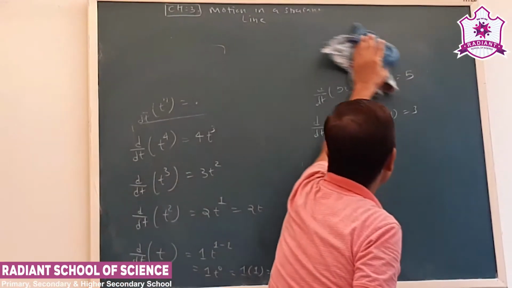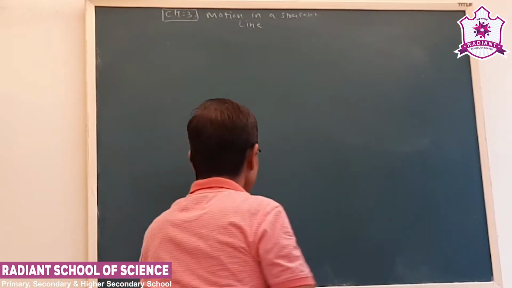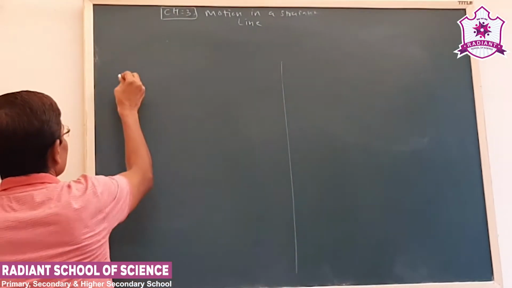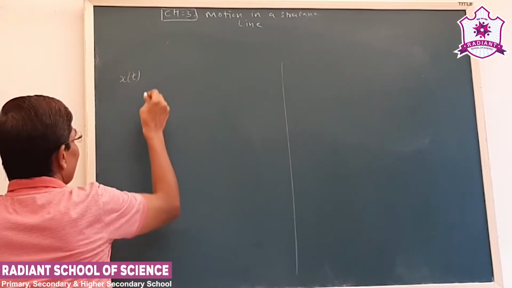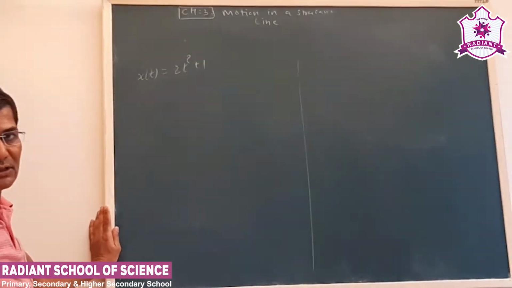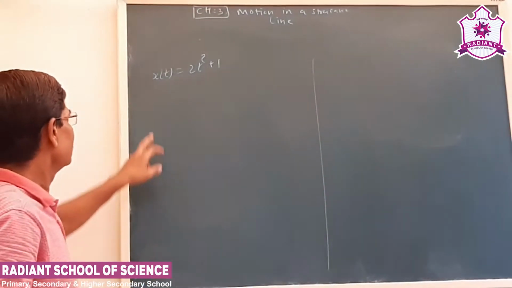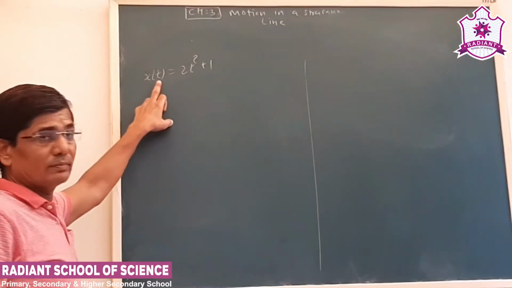Now we have to see the average speed and average velocity. Suppose we are given the equation like this: x is 2t square plus 1. Okay, x is a function of t, what does this suggest? That suggests that x is a function of time.